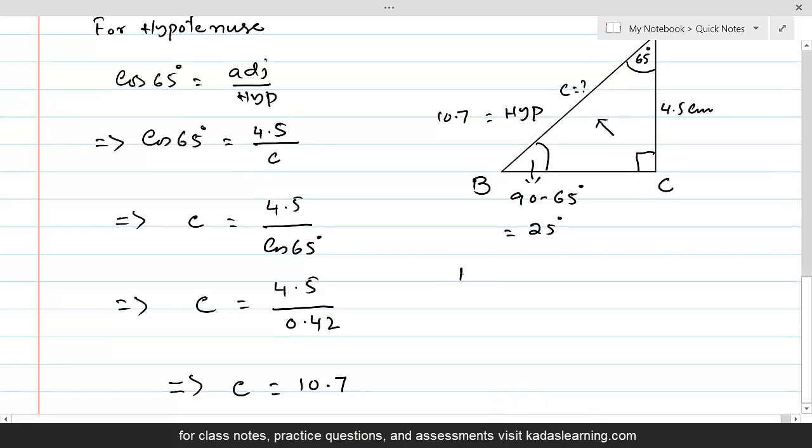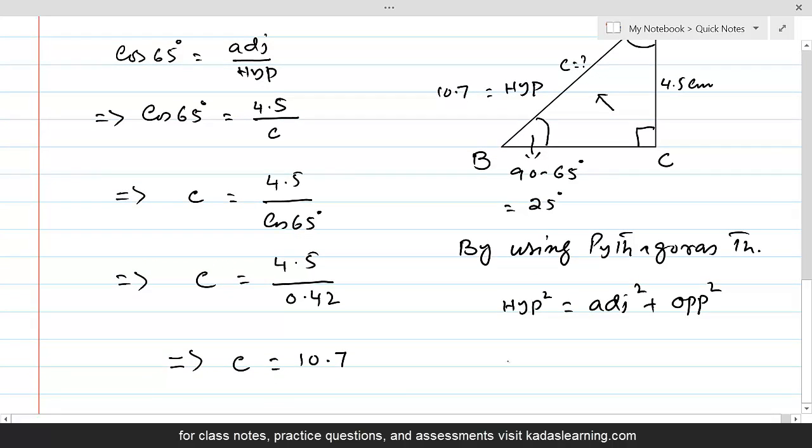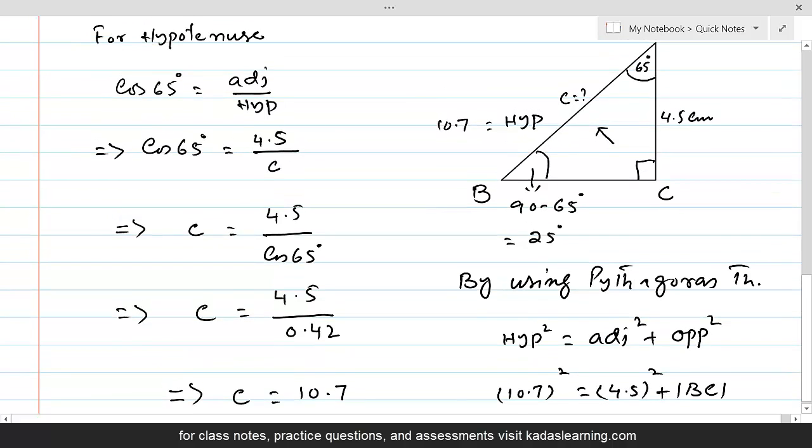So by using Pythagoras theorem, the hypotenuse square is equal to adjacent square plus opposite square, and hypotenuse is 10.7 square equal to adjacent is 4.5 square plus opposite is BC for the angle under consideration 65.